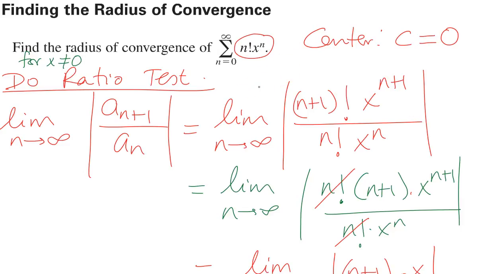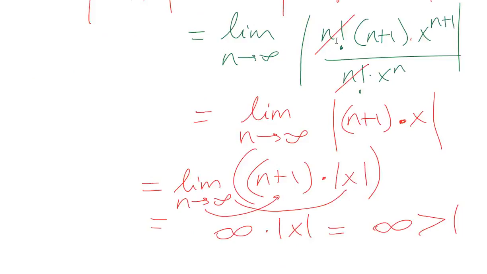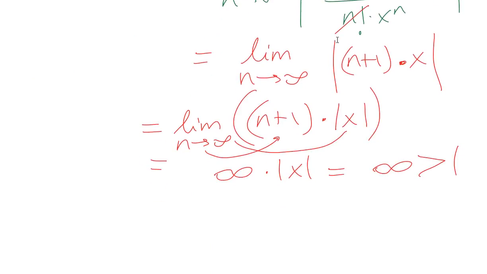So we are trying to find what happens to the power series when x is not equal to 0, right? So we are doing the ratio test. And the ratio test tells you no matter what positive value x is or what negative value x is, the absolute value of x is positive. Positive times infinity is infinity.